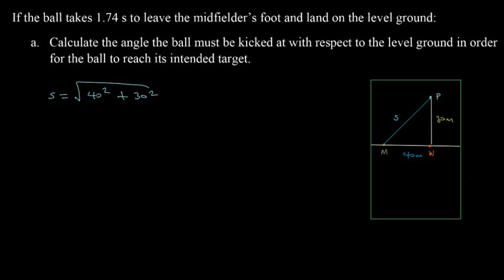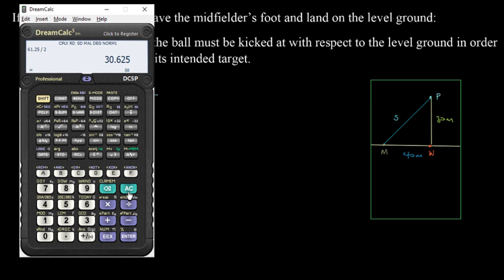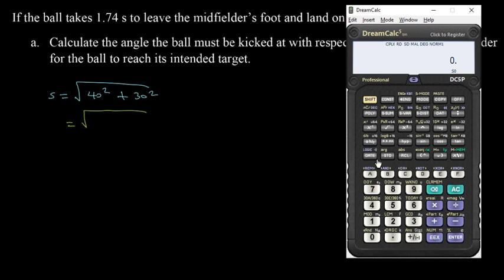Let's just plug it into the calculator. 40 squared is 1600, plus 30 squared, which is 900.